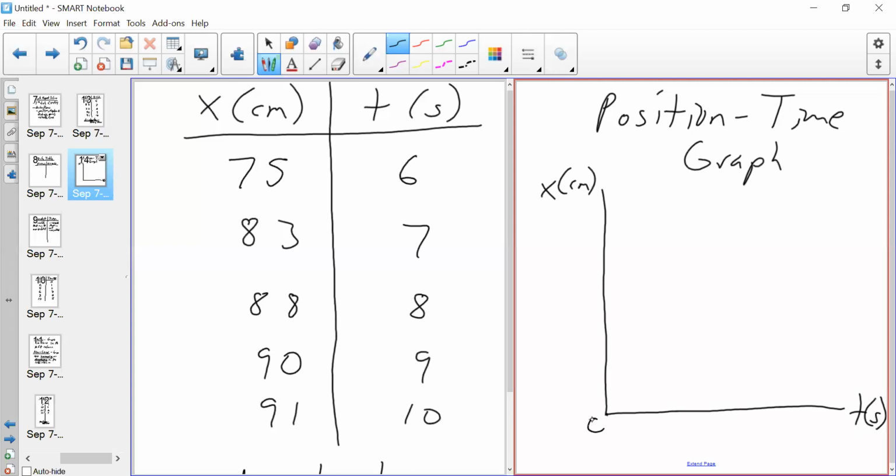So our positions were 0, 2, 4, 6, 8, 10, and then the times 1, 2, 3, 4, 5. So we plot the points, and of course, it doesn't have to be exact. I wouldn't be too worried about all that. That's a pretty neat almost line there.